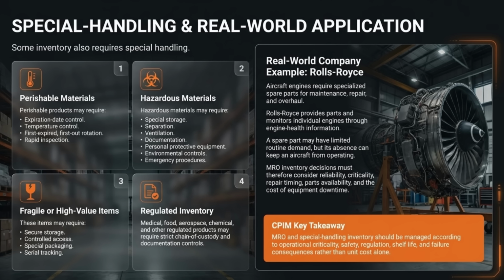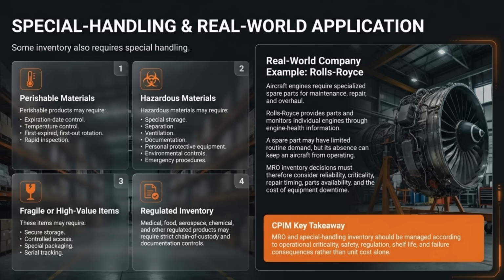Fragile or high-value items. These items may require secure storage, controlled access, special packaging, serial tracking, regulated inventory. Medical, food, aerospace, chemical, and other regulated products may require strict chain of custody and documentation controls.